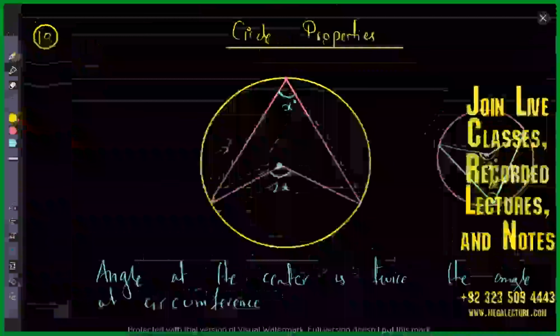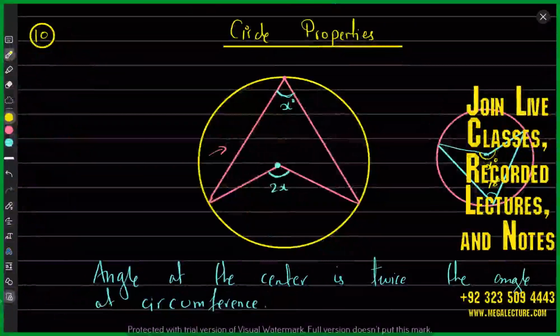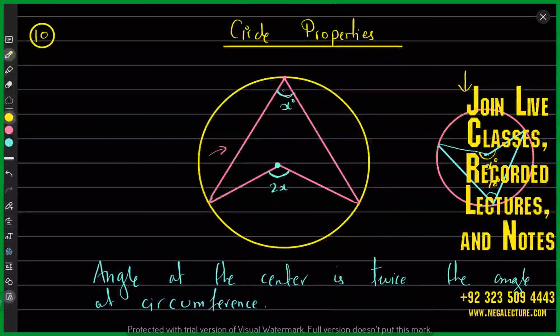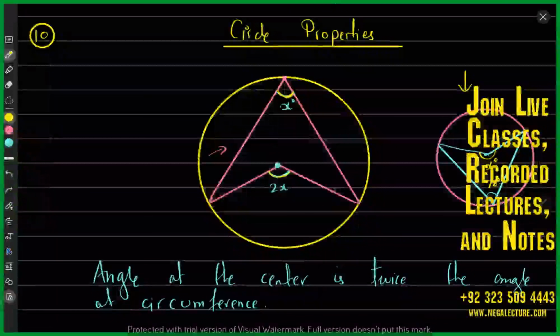Let me explain this again. All of you just think about this question right here. You have a circle. First angle is at circumference, second angle is at center, but just look at it. So here, this was the angle at circumference and this was the angle at center. This was not the angle at center, okay? But you have been asked the other way around.